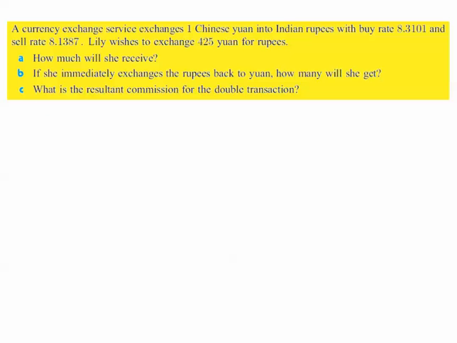Okay, so let's have a look at an example to do with currency exchange and the difference between a buy and sell rate. We have this currency exchange where they say 1 Chinese yuan is converted into Indian rupees with the following buy rate: 1 yuan, this is the symbol for yuan, equals 8.3101 rupees.